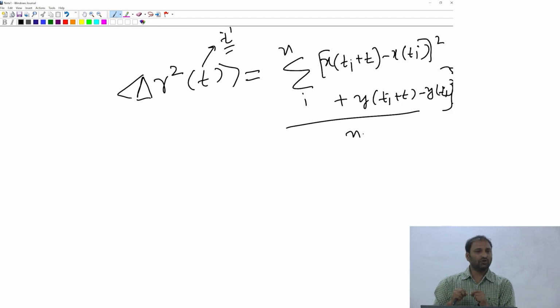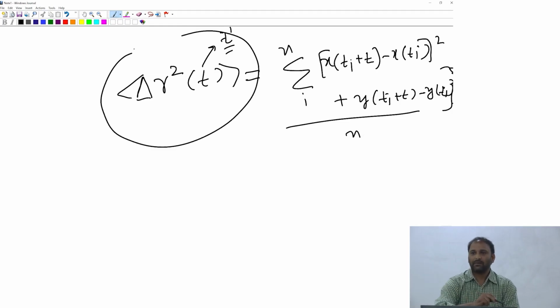All you do is you know the positions. If I have taken, say, 10 frames, I know the distance it travels in every frame. So that's your mean square displacement.